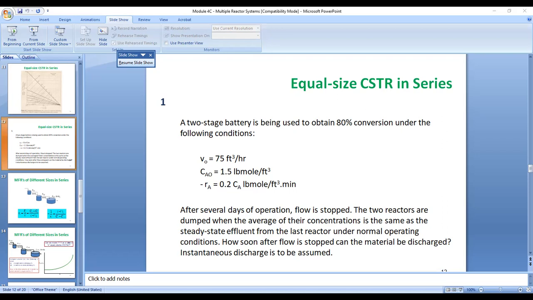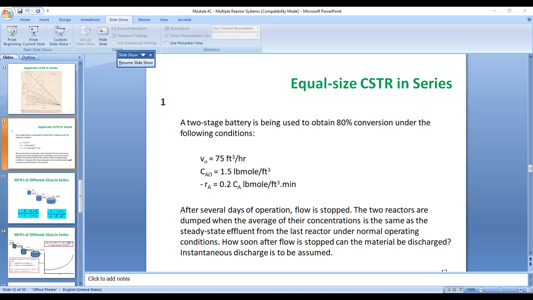Now, you will stop this particular scenario in which the two CSTRs are processing the system inside them individually when the average of the concentrations of the two systems in the CSTR will be equal to the concentration of the effluent coming from the last CSTR if it is operating on a continuous mode.